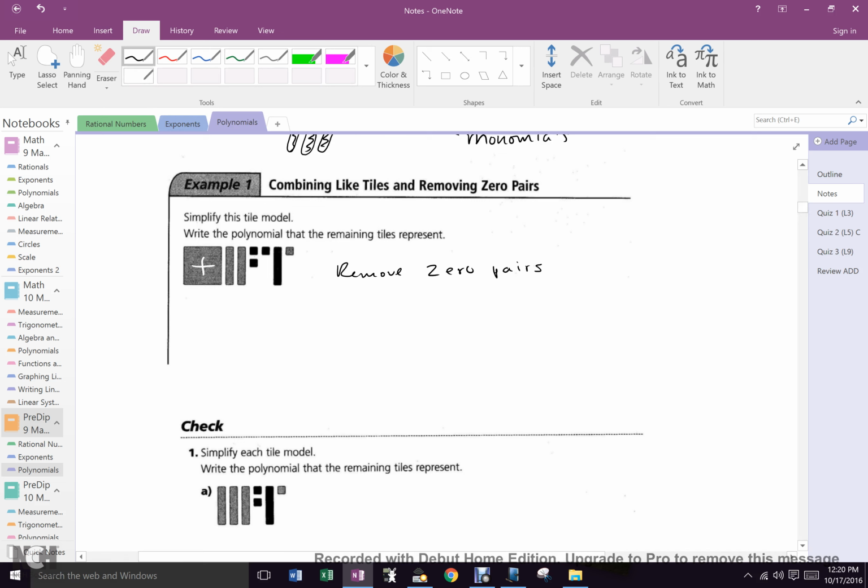So, do I have any other positive big guys? No, so there's no canceling to be done. So I keep the one big guy. Do I have any negative bars? I have 1, so I'm going to cancel that one and cancel that one, leaving me with 1 bar. Do I have any little guys? Yes. Cancel, cancel, leaving me with 2 little guys.